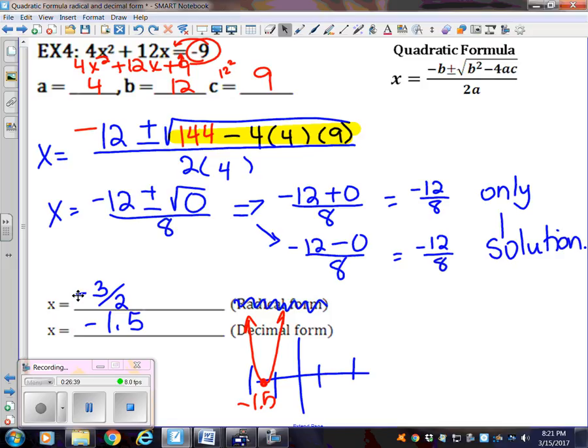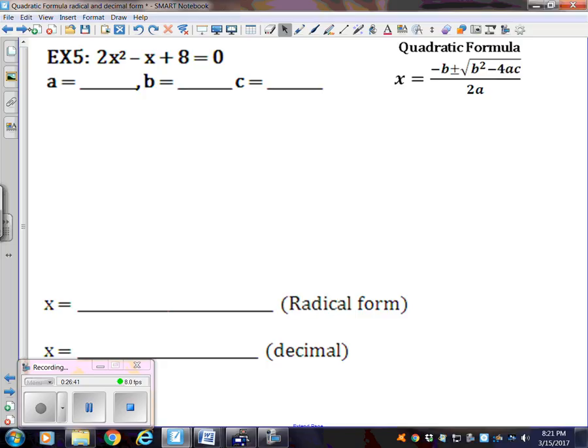Okay, last example, quadratic formula. Is everything in the right order? Sure. A would be 2, B would be negative 1, and C would be 8. Let's plug and chug.